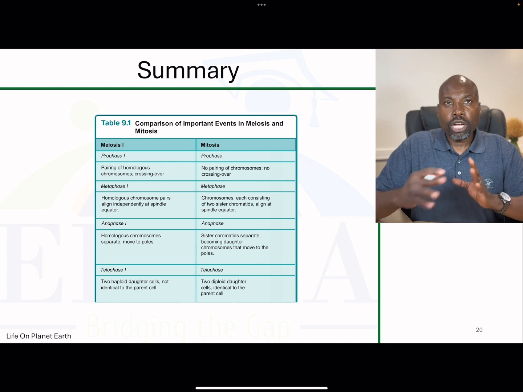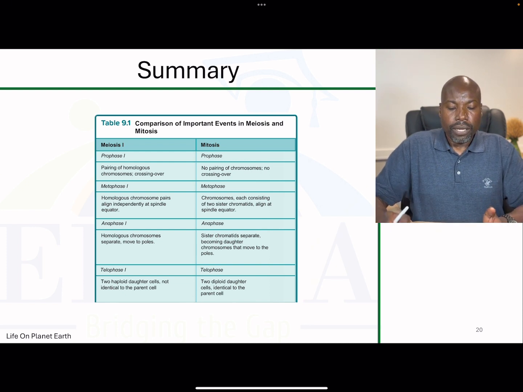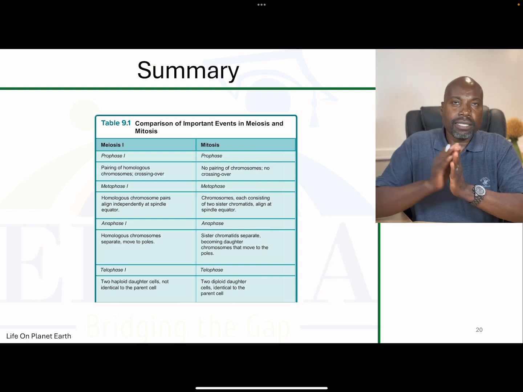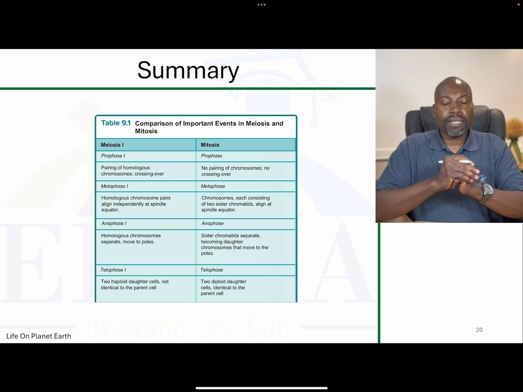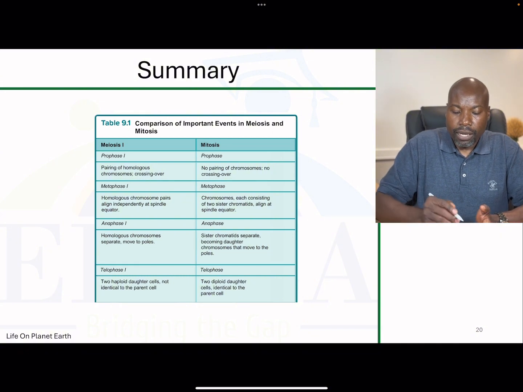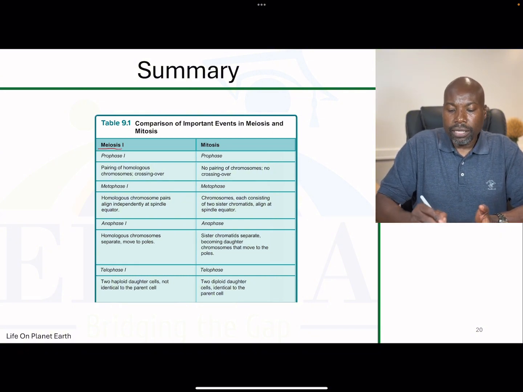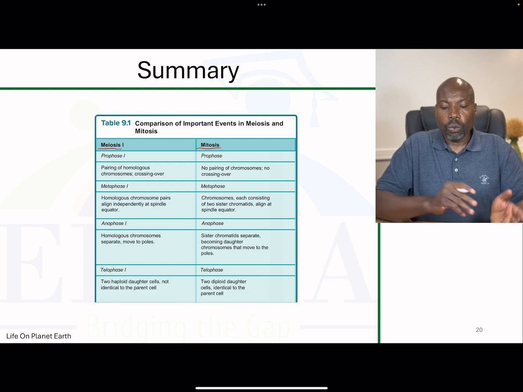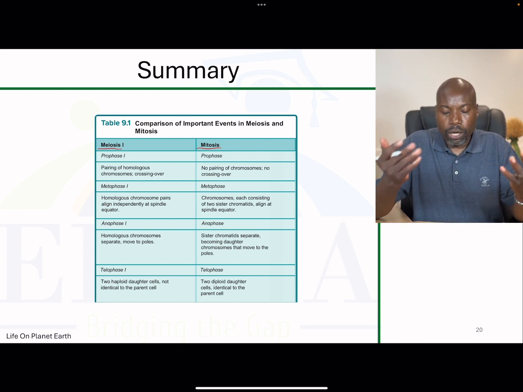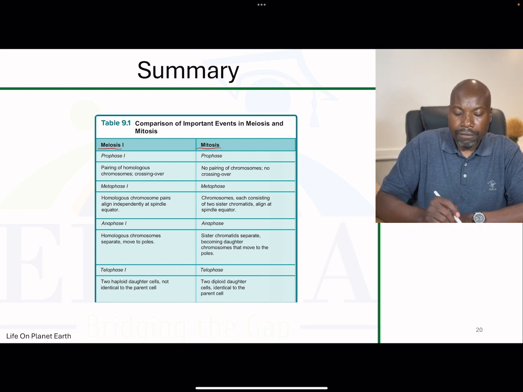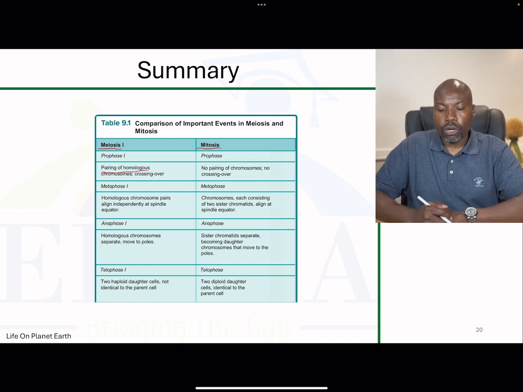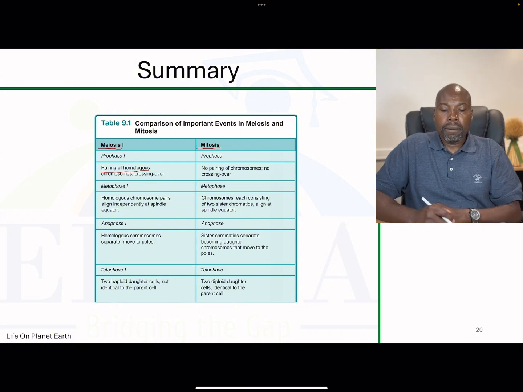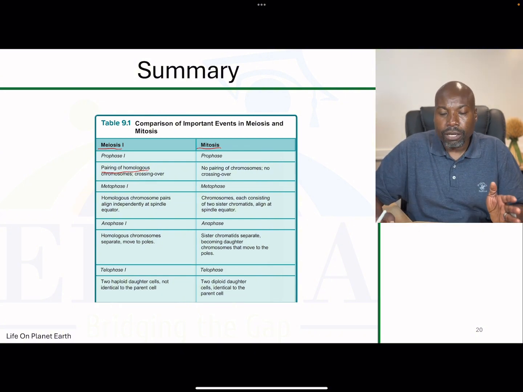Let's take a look at the summary of this chapter. As we compare the events that occur in meiosis and in mitosis, in meiosis 1 and mitosis, we both have prophase. In prophase 1 we have pairing of homologous chromosomes with crossing over, while in mitosis we do not have pairing of homologous chromosomes and there is no crossing over.